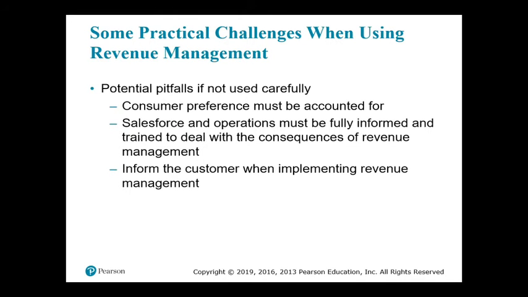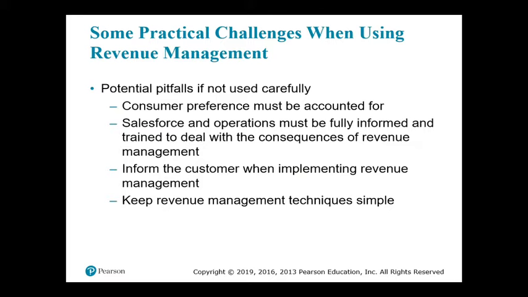And also, one can be easily tempted to implement a very highly complex revenue management scheme because there are just so many decision variables that we can potentially tweak, and if we include more, theoretically speaking, we can achieve better results.